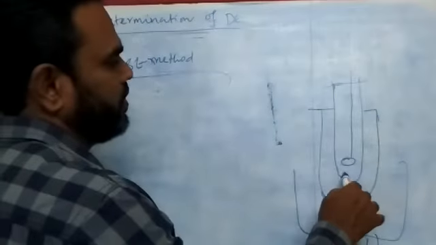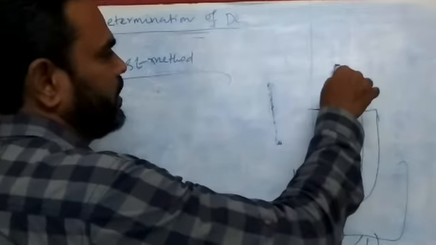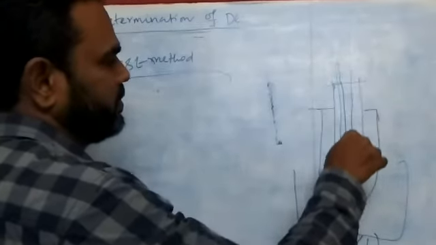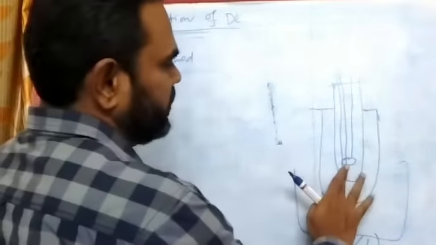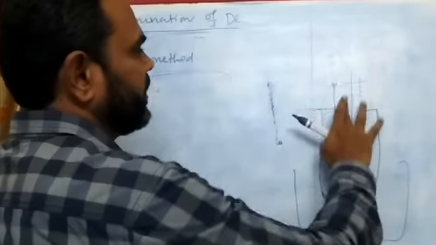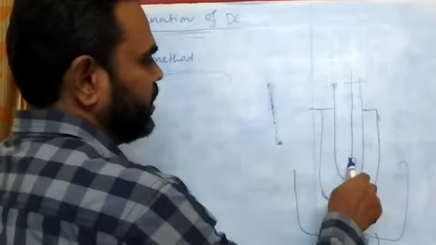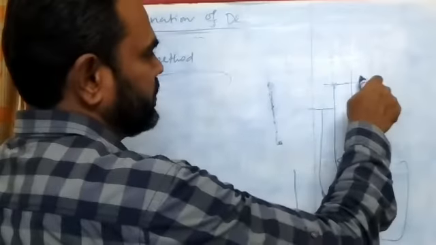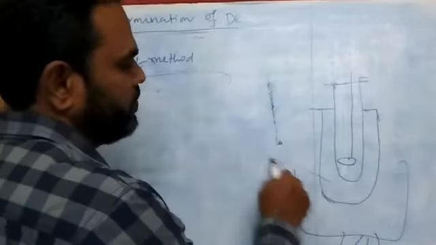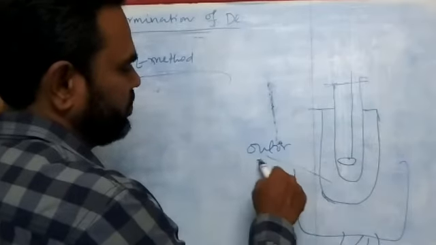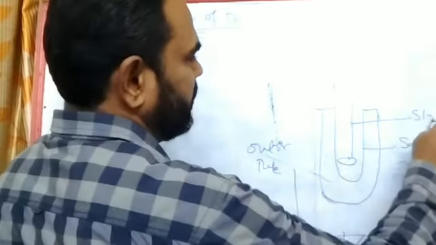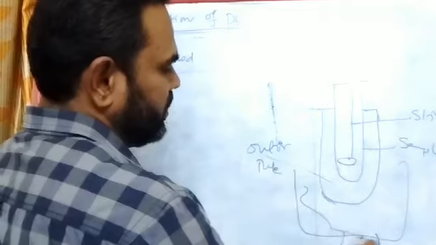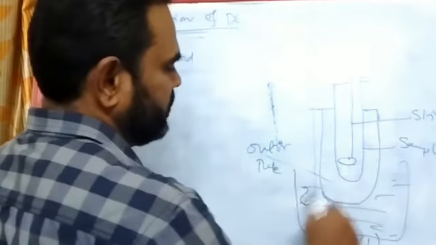Here also you can have a thermometer like that, or otherwise this is only for making a mixture. Temperature can be measured even in a normal melting point apparatus. So the outer tube, sample tube, stirrer, and some solvent just for the purpose of heating or cooling.